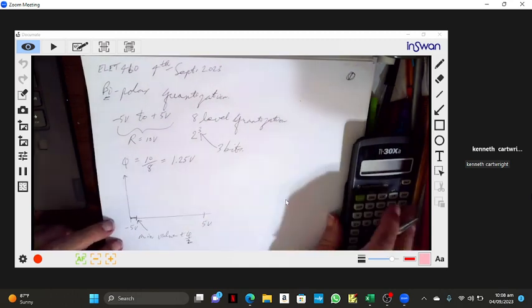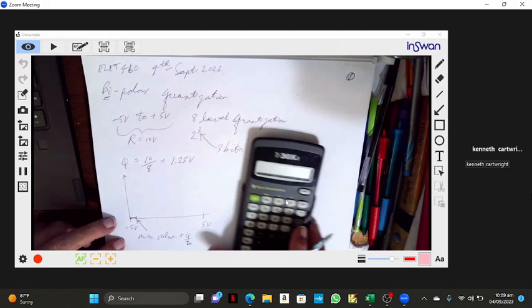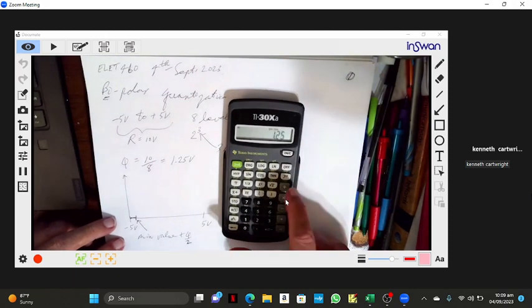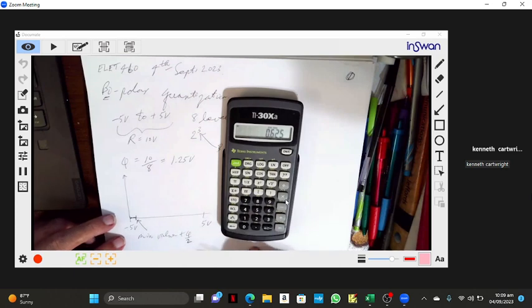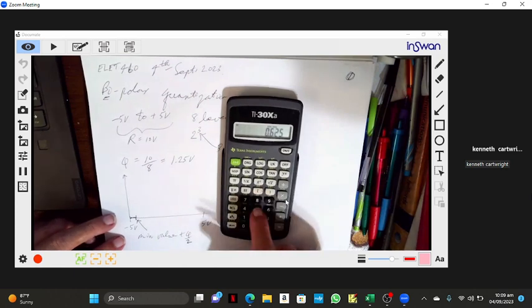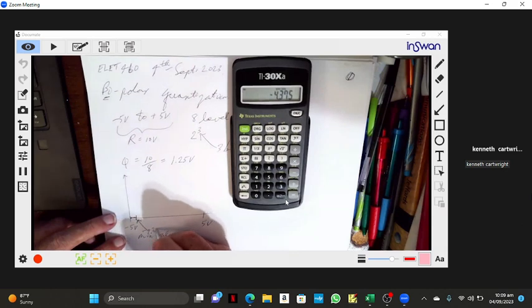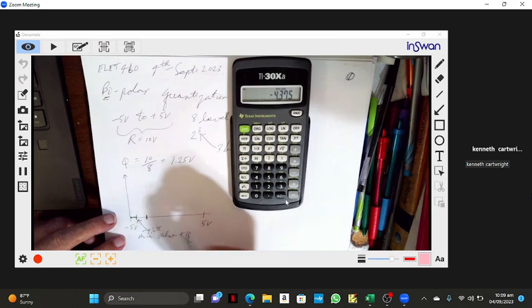So this would be the 1.25 divided by 2, right? Minus 5. -4.375. And what's the step up from that?